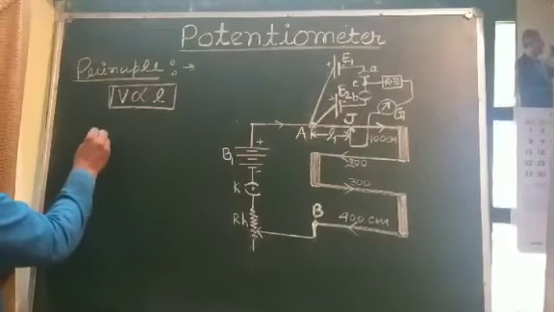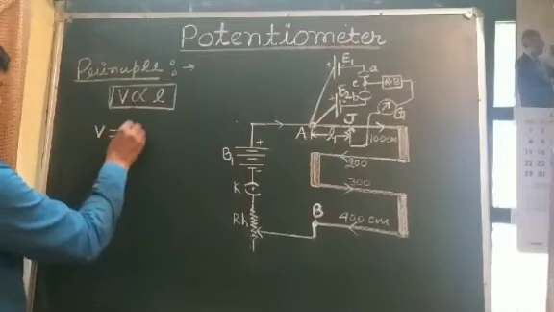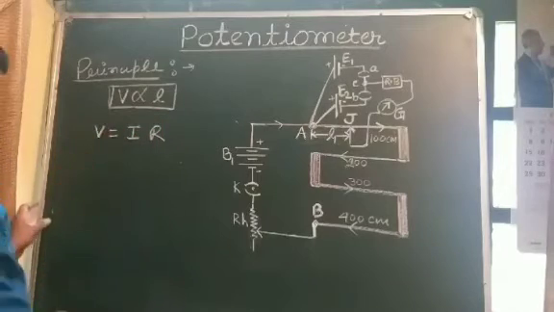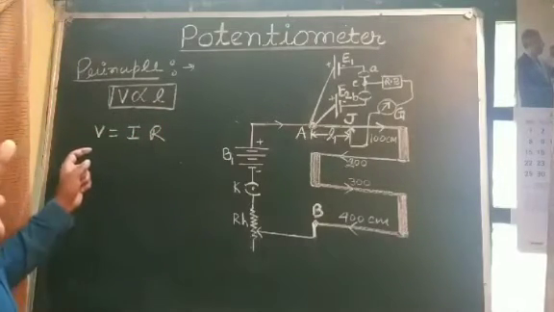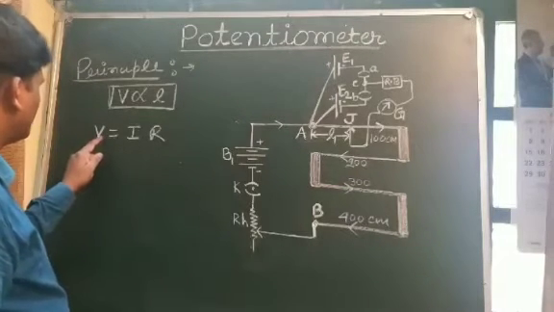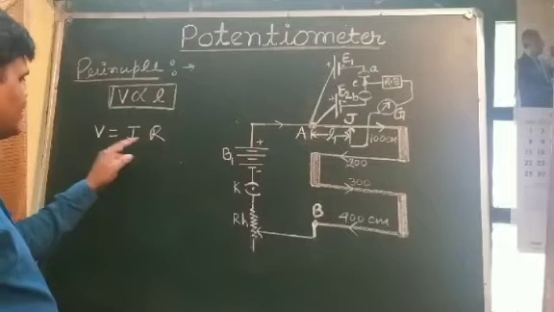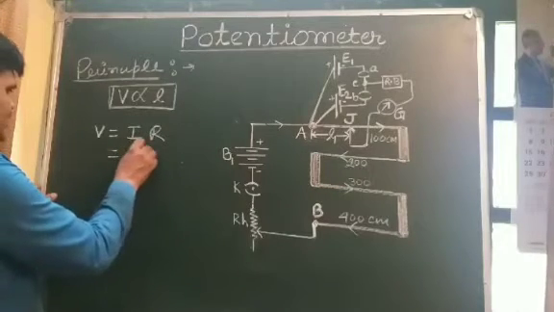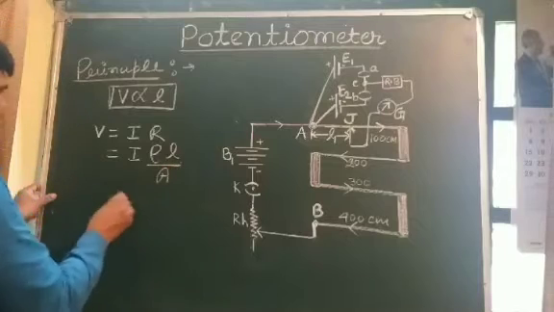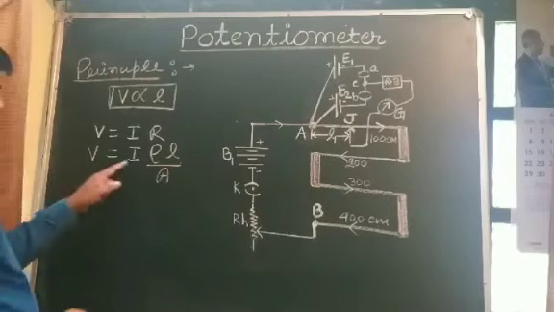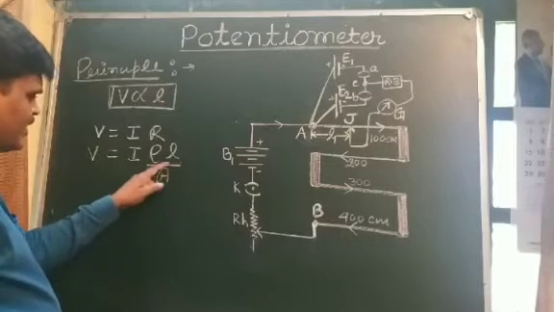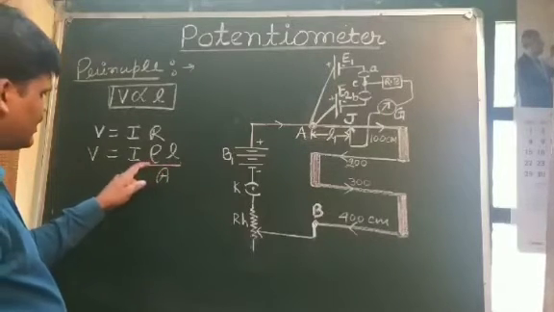And using Ohm's law, V equals IR. Here L is the length of the wire measured by the voltmeter on the potentiometer wire, so by Ohm's law V equals IR, and you know that R is rho L by A. Student, here a constant current passes through a potentiometer wire of uniform area of cross section and composition.